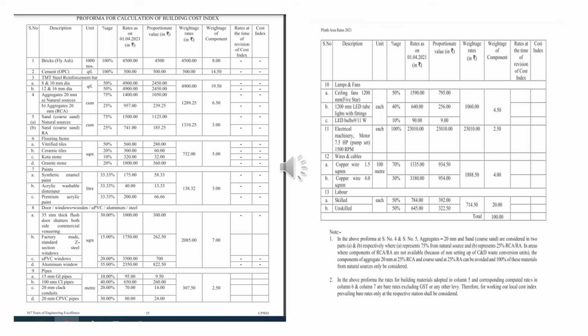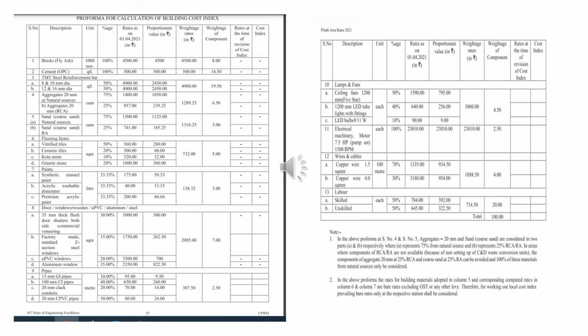Then based on the base year, these items are considered and rates are considered, and you will see that the total weightage is 100%.